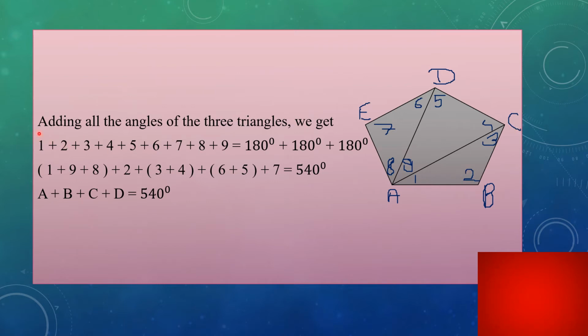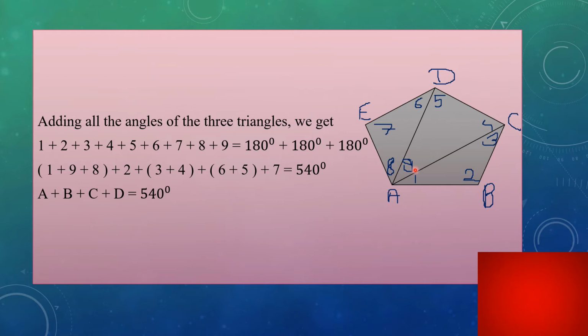Now, adding all the angles of the three triangles, we get 1 plus 2 plus 3 plus 4 plus 5 plus 6 plus 7 plus 8 plus 9 is equal to 180 plus 180 plus 180 degrees.